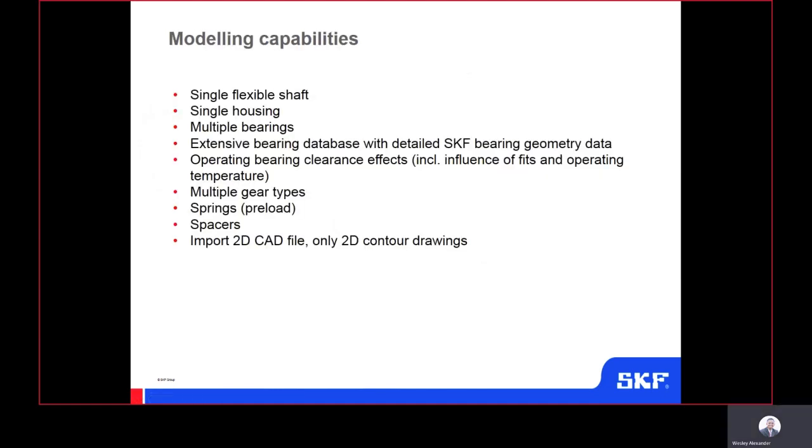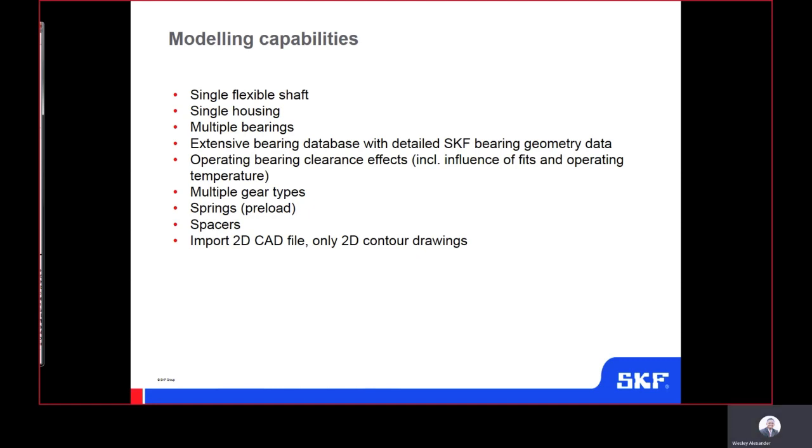In SimPro Quick, you can model a single flexible shaft. You can have access to a full range of SKF bearings. You can model multiple bearings on a single shaft. You can model the effects of the influence of fits and temperature and how it affects operating bearing clearances.